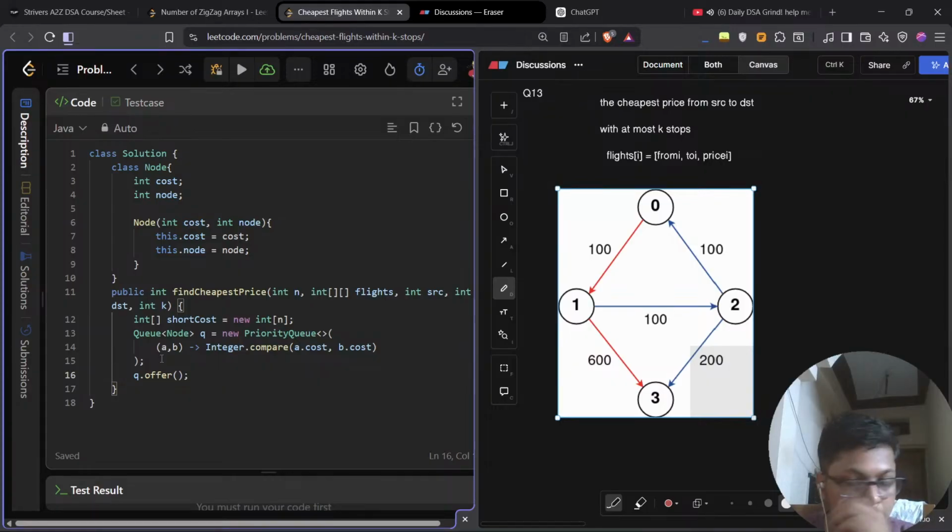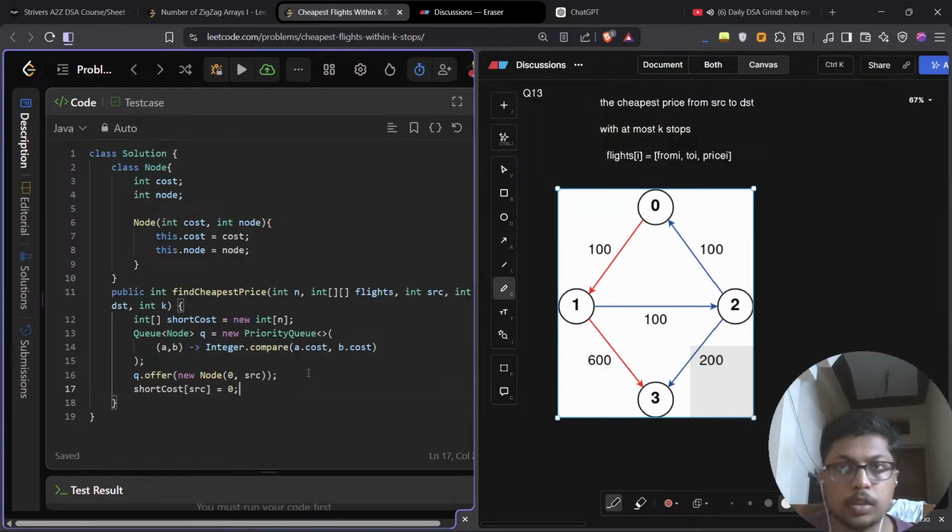So we are starting new. The first thing we need is a cost. So starting from there itself, it would be from which node it's the source, right? And the next thing is the shortest cost for that particular array or source.